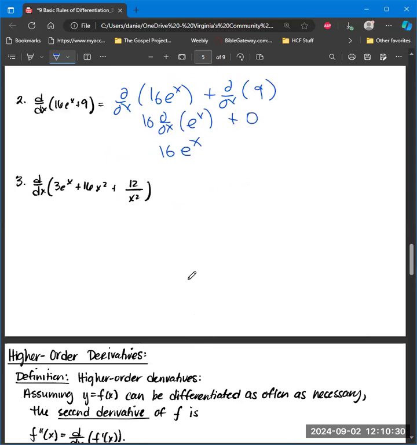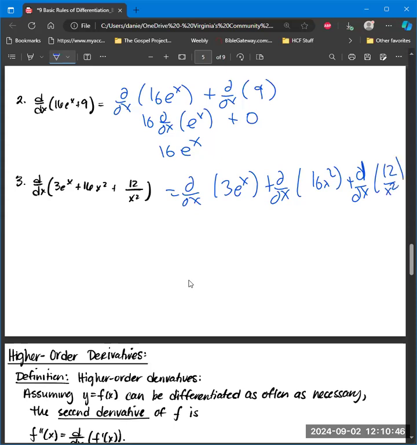And then we have derivative with respect to x of 3e to the x plus derivative with respect to x of 16x squared plus derivative with respect to x of 12 over x squared. This is going to be 3 derivative with respect to x of e to the x plus 16 derivative with respect to x of x squared plus 12 derivative with respect to x of x to the negative second.